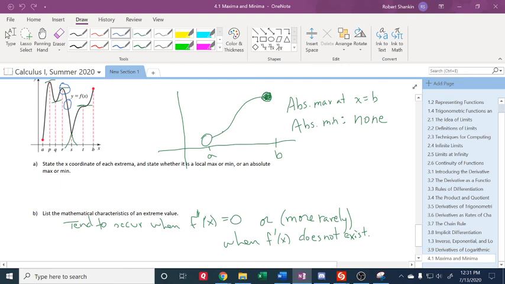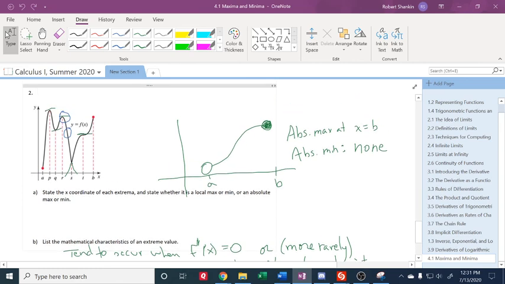And so what we're going to do is only take extreme values on open intervals. If we make that only on open intervals, we would be doing something like this: make a big open circle here and a big open circle here instead of closed circles.